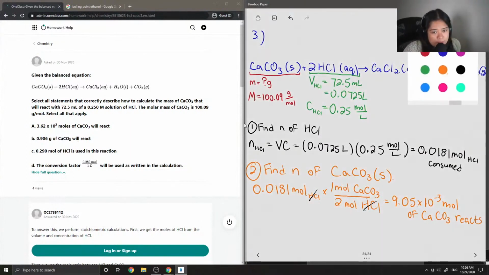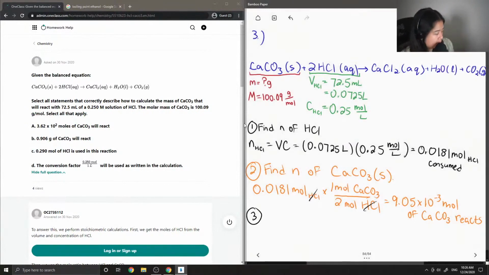And then next we're going to find the calcium carbonate mass that reacted. To do that, mass is equal to the number of moles times the molar mass.